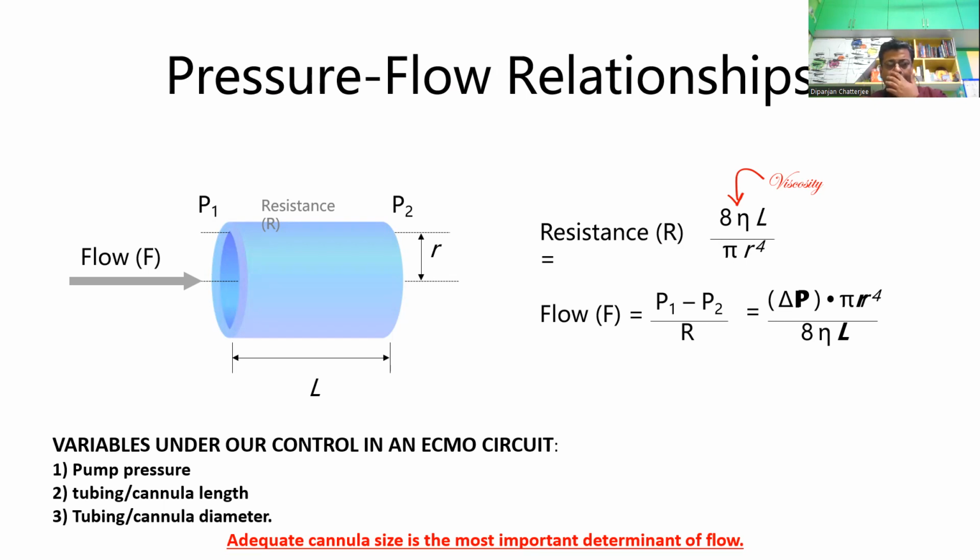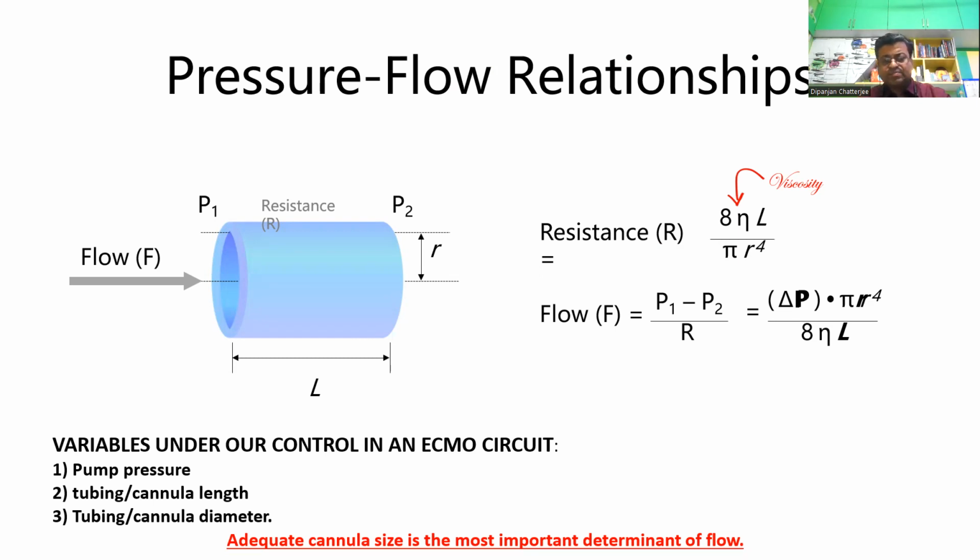So in the pediatric population, the flows go down further because the radius of these ECMO cannulas and the circuit is lower. And always remember that we are pulling from the venous system. So the drainage is by a negative pressure and pushing is by the positive system.